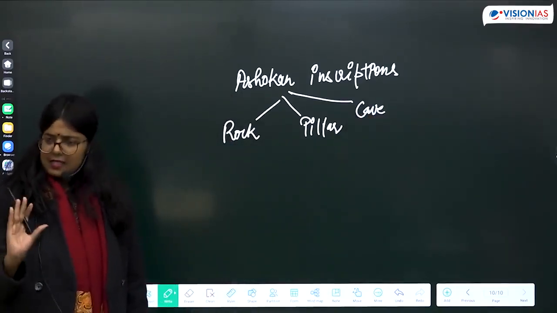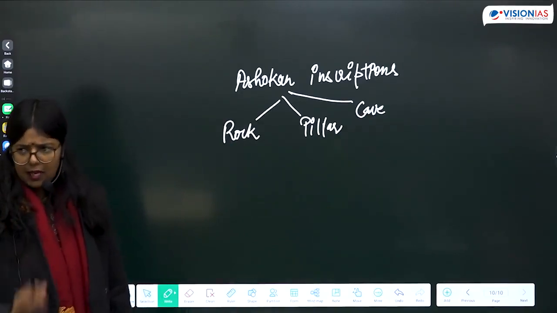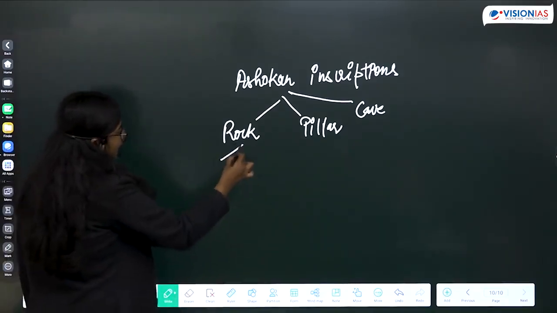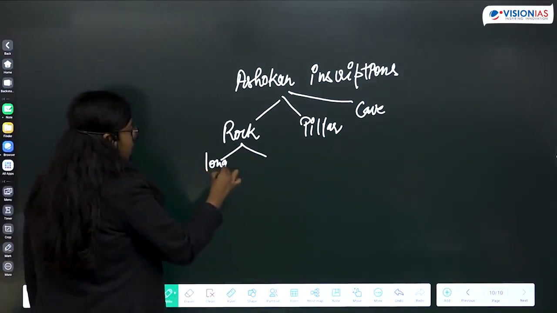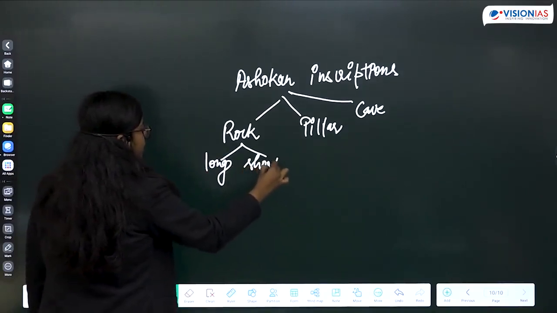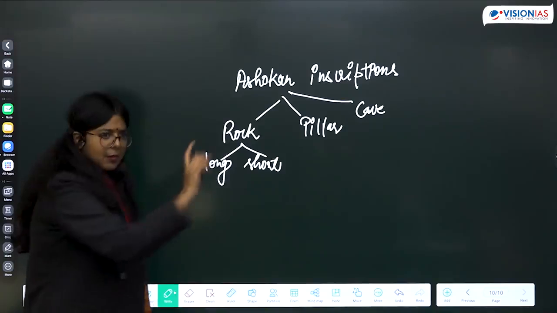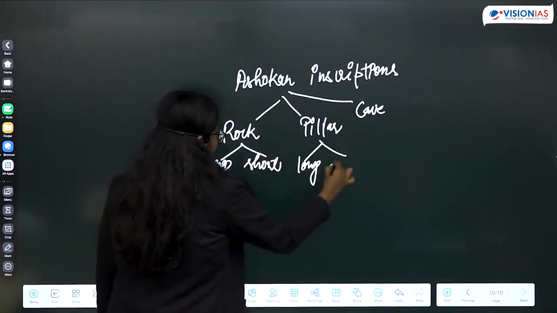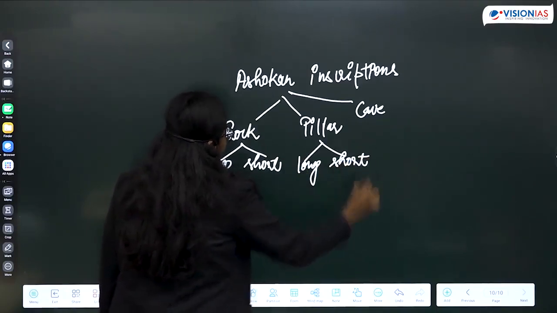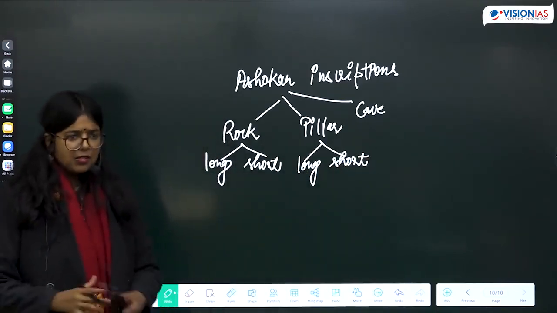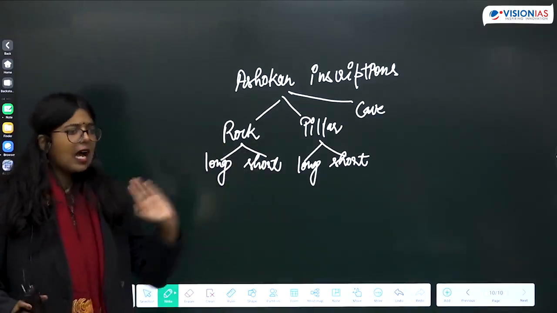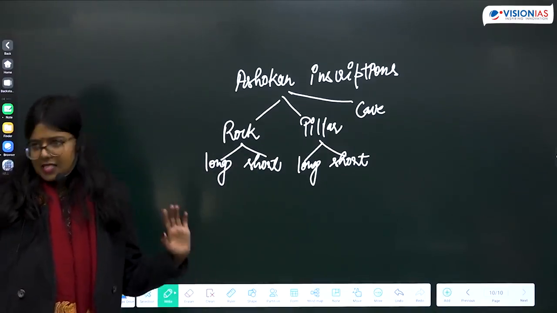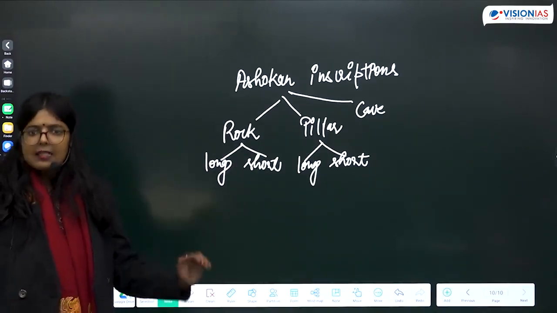These can be the types of Ashokan inscriptions. Among rock edicts, there are long ones and short ones. The same is present in the case of pillar inscriptions, long pillar inscriptions and short pillar inscriptions. Is this clear? So remember this.